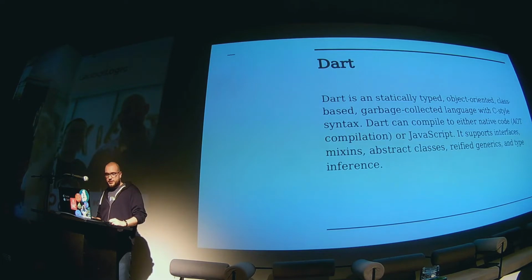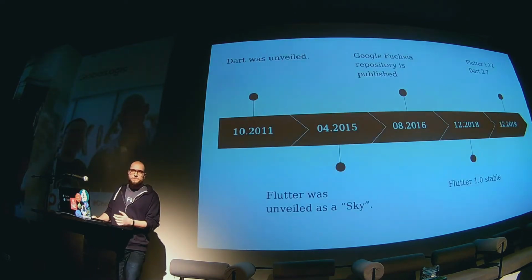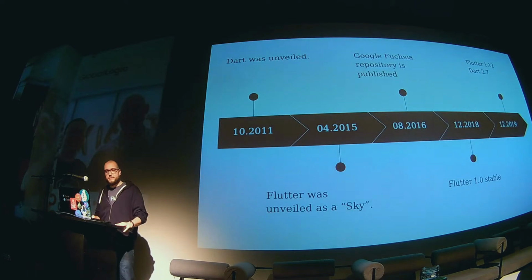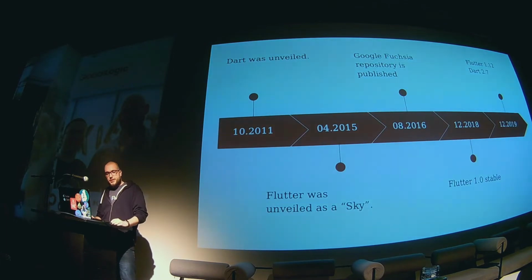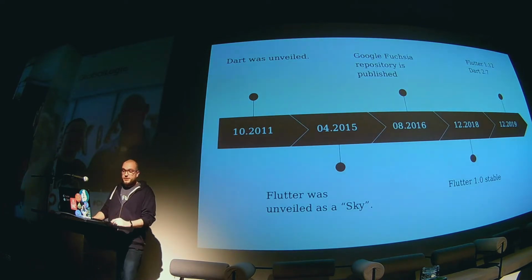And here we'll start discussing some history of the whole concept of Dart and Flutter. The first moment when Flutter was revealed was in October 2011, and at this moment it was only shown as a concept. A few years later, Flutter was unveiled as a Google project called Sky, and it was some alpha version. One year later, the Google Fuchsia repository is published.